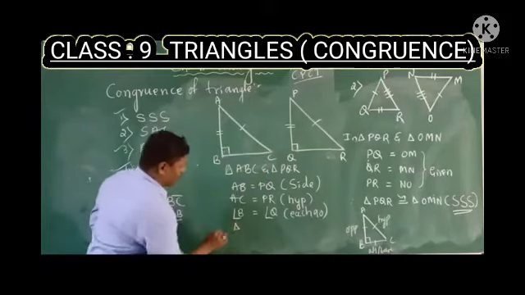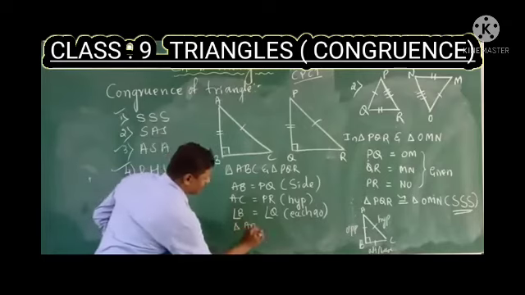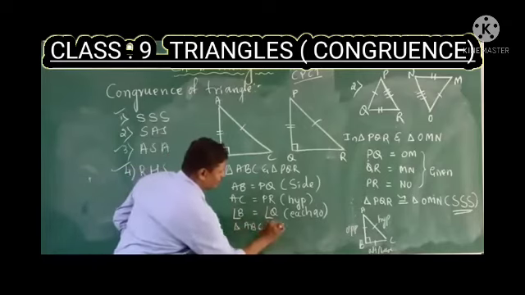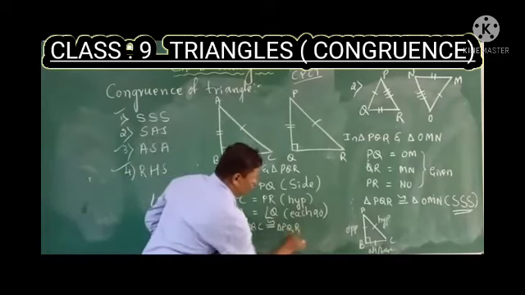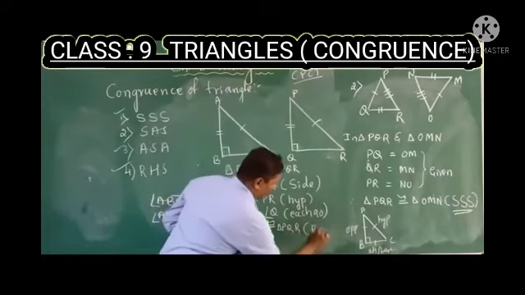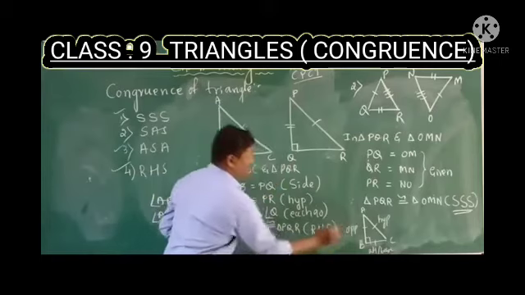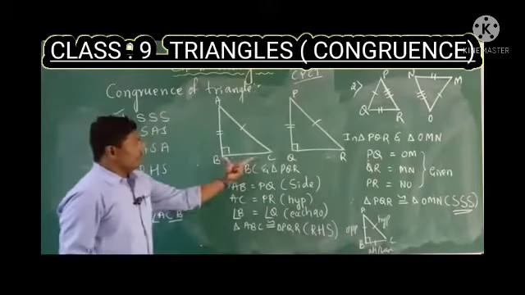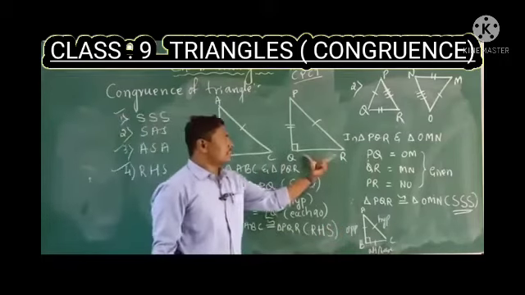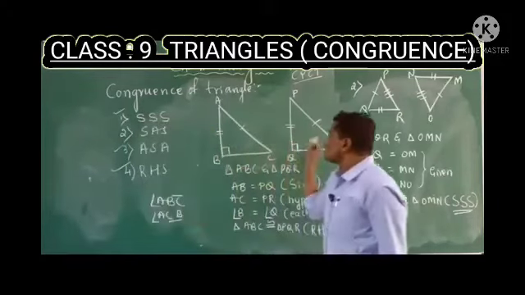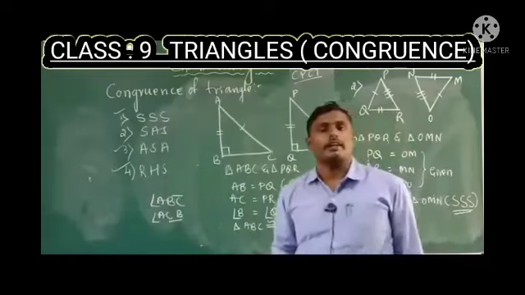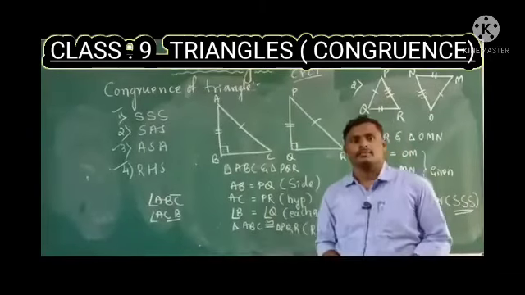So triangle ABC is congruent to the triangle PQR by using the criteria RHS. Here you can take BC also. BC and QR are also equal. Okay, so this is all about the congruence criteria of triangles.